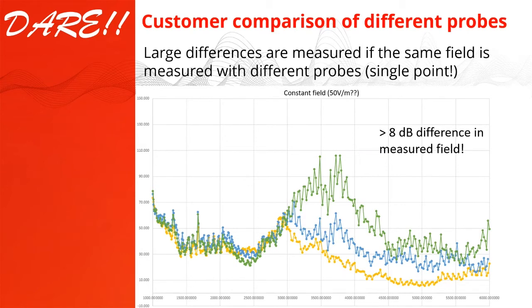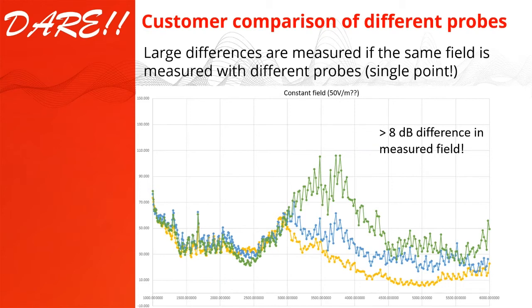probe is different. And what you can see, it's quite interesting here, is that in the frequencies, let's say up to 3 gigahertz, the 3 probes are really relatively giving the same reading. But above 3 gigahertz, they start to spread. The variation in between the 3 probes is quite severe.